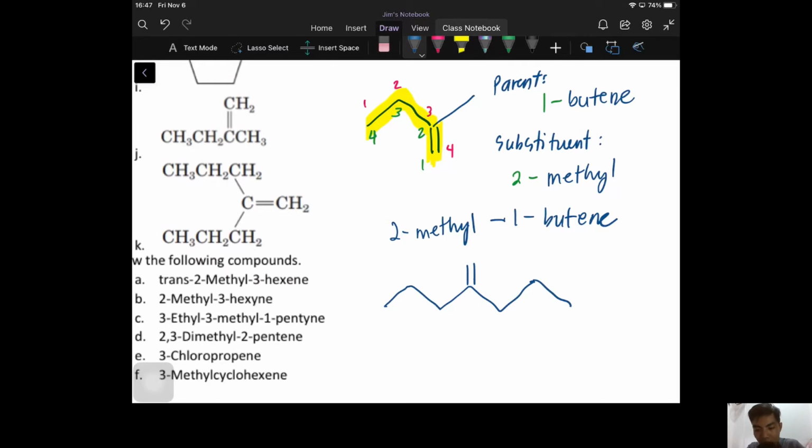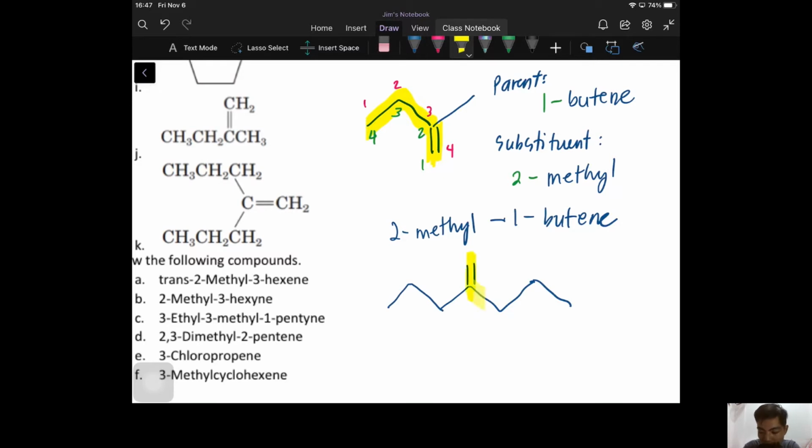Ngayon, ano yung longest chain? Baka isipin nyo, sir, ito po yung longest chain. Yan yung longest chain kapag alkane. Pero may alkene tayo, may double bond tayo. So kailangan natin siya pansinin. Siya yung ipaprioritize natin. Okay? Ay, nabura ko. So hindi yun yung longest chain natin, hindi itong zigzag na yan, kasi kailangan natin isama yung double bond.